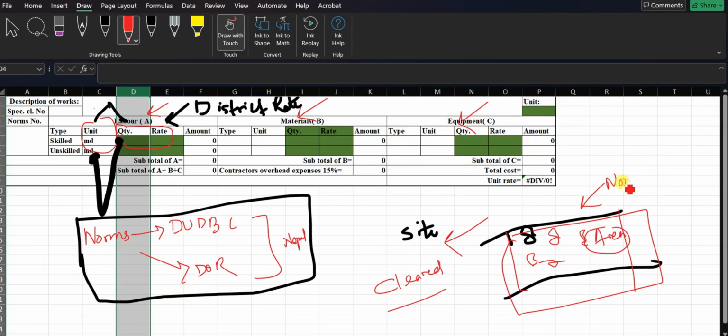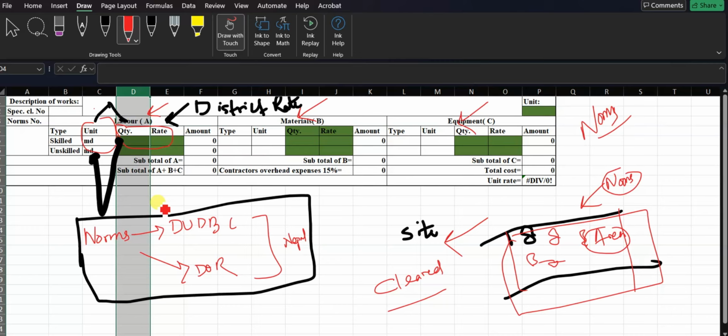These norms provide information on the number of labor required, the materials required, and the equipment required for that specific work. So norms provide you the framework.